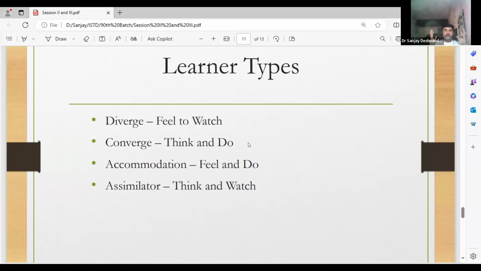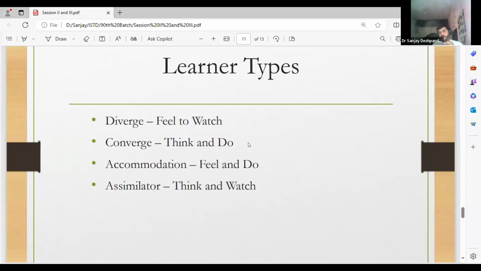So you may be exposed to 100 ideas, but those ideas culminate into one thing, converge. Accommodation is what? Like you accommodate new ideas, let them flow to you, let them come to you, let them be in your fold, in your bag, your kitty. Accommodation.